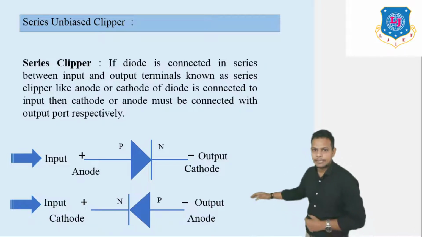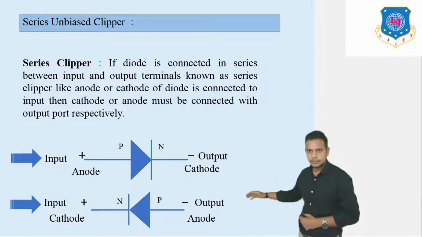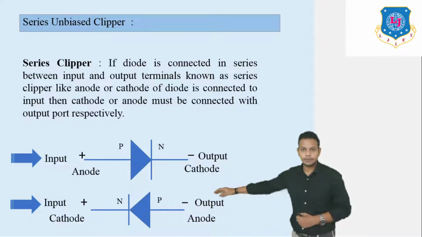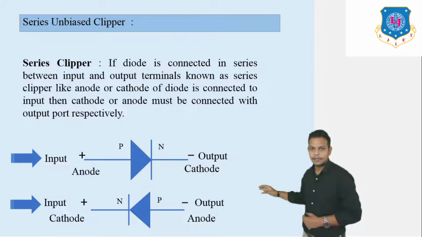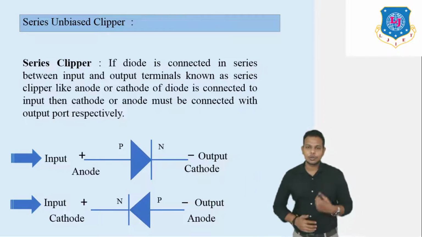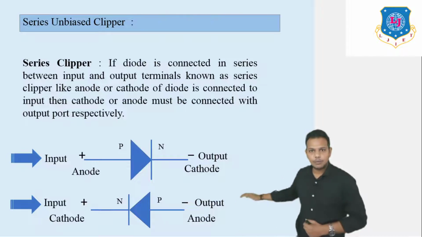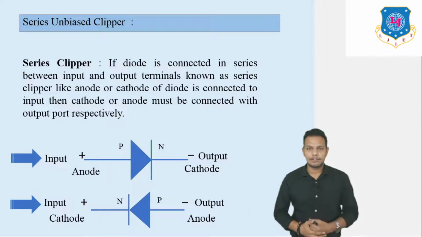Now here in this symbol, the N type is connected to the positive, and from this side the P type is connected to the negative, so both are dissimilar, so it works in reverse bias, and it will be open circuited.